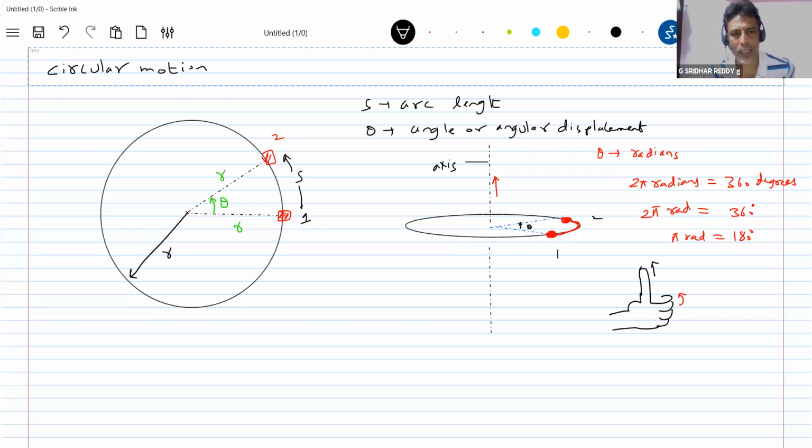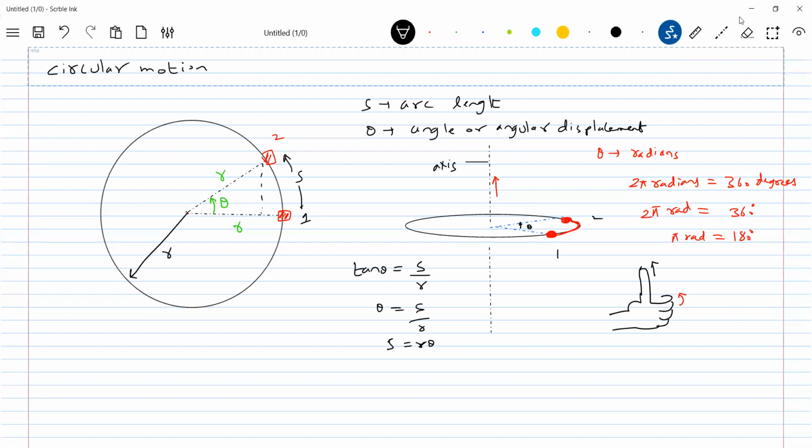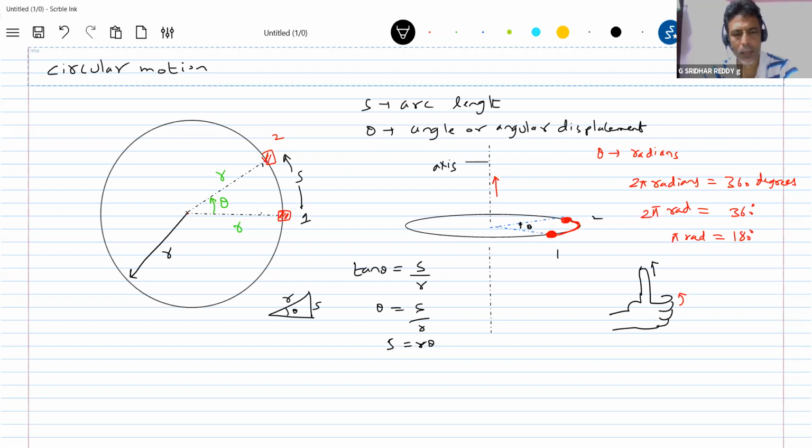Then if theta is very small, tan theta we can write as almost S by R. If theta is very small, S equals R theta. So this is how the arc length is related to angular displacement by this formula. I think you already know it from the basics of geometry.